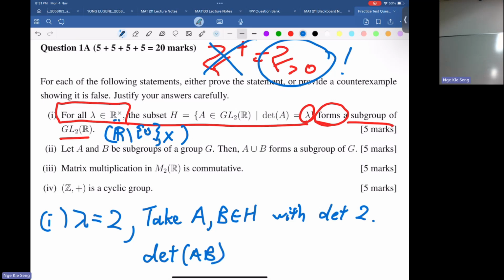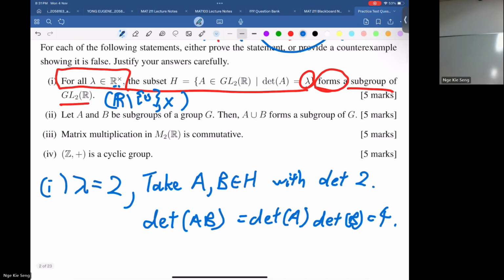But we know that the determinant of AB equals what? In this case it is 4. So it lies outside the group. Okay, so it's not closed. Identity is also easy to show. Why is the identity not in there?